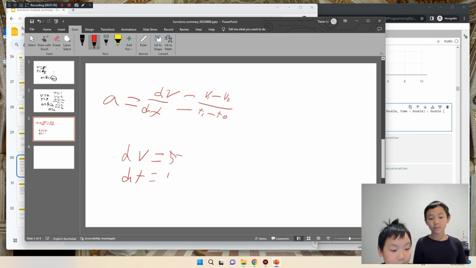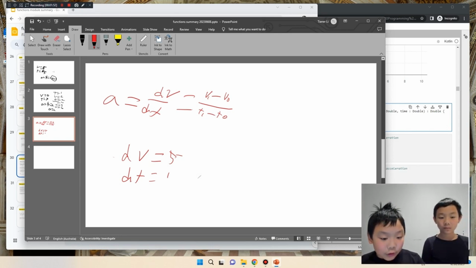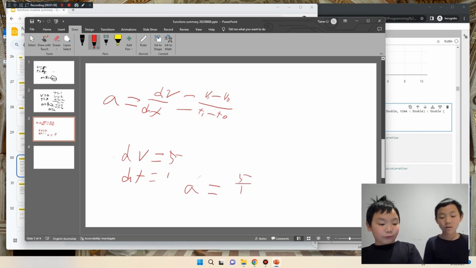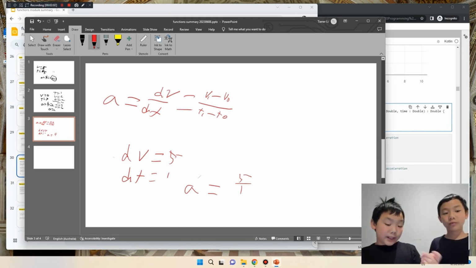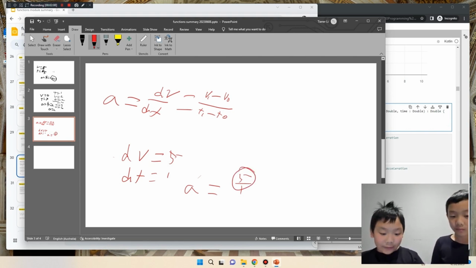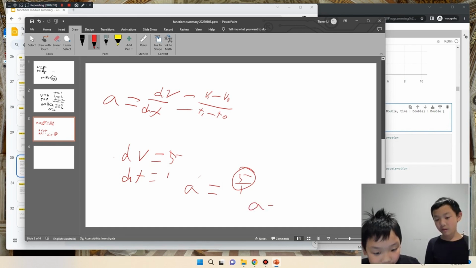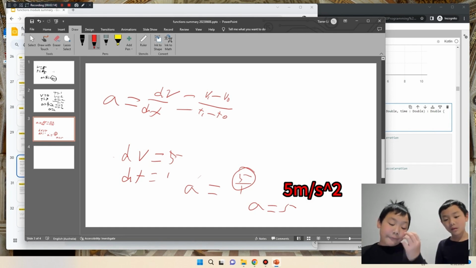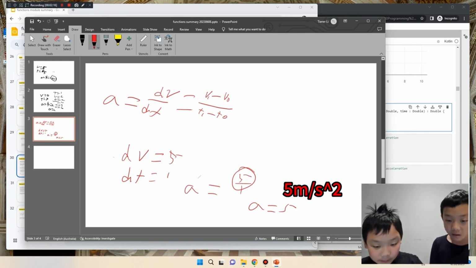So if dV is 5 and dt is 1, it can also be written as A equals 5 over 1, because we're just replacing dV and dt with the numbers. So at first you do 5 divided by 1, which is obviously 5. So we can write this as A equals 5, which means this kid is accelerating at 5 meters per second squared.